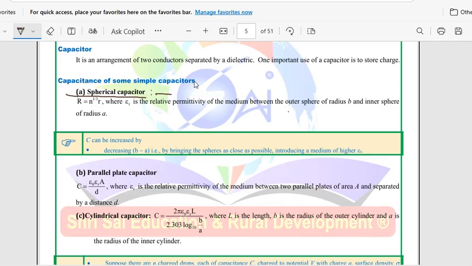Capacitance of an isolated spherical conductor. What will happen in this case? What is the capacitance of the capacitor? First one is the spherical capacitor.